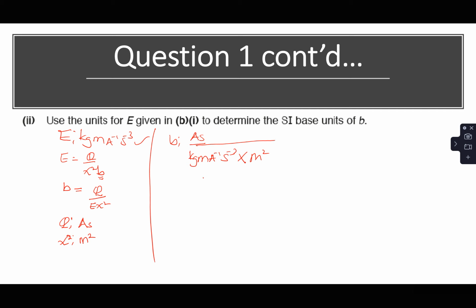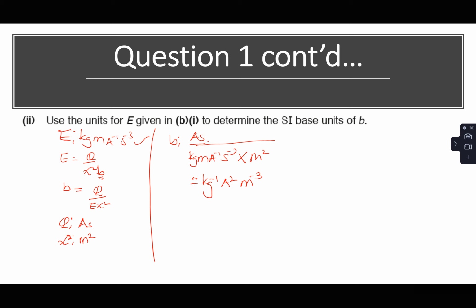When we simplify this, when kilogram goes up, it becomes per kilogram. When per ampere goes up, it combines with ampere, it becomes ampere squared. When meters combines with meter squared, and it goes up, it becomes per meter cubed.